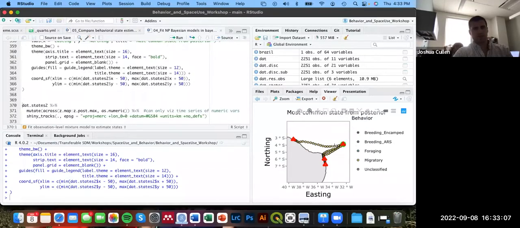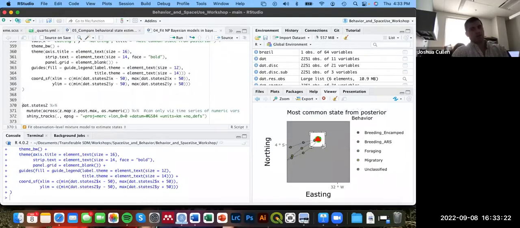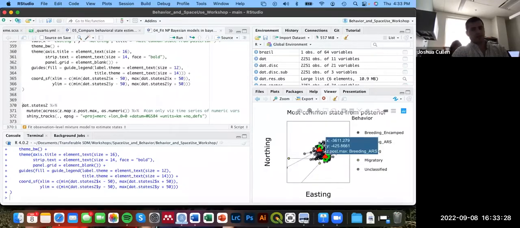All of these observations in between are labeled migratory. So it seems to do a decent job. But again, this model is not accounting for any kind of temporal autocorrelation, so I'm sure there's definitely some room for improvement that is present in these tracks. But it does a pretty good job here for this example.